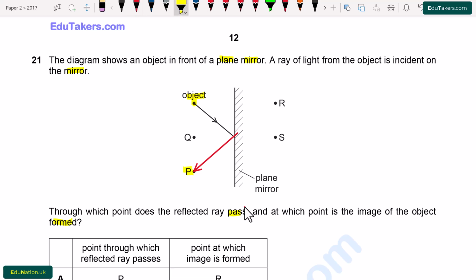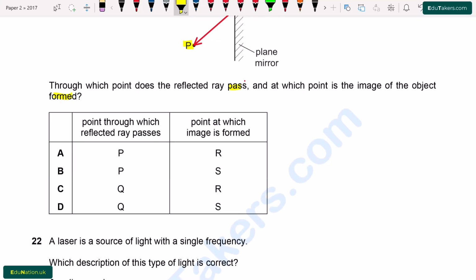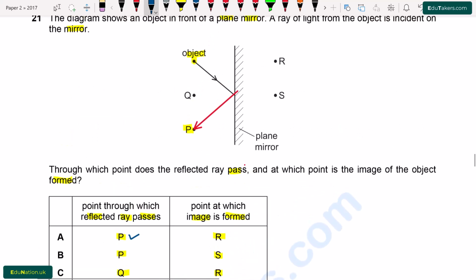First of all, we see the options. Point through which the reflected ray passes. Point at which image is formed. Option A, P and R. B, P and S. C, Q and R. D, Q and S. The point through which the reflected ray passes is the point P. Next, we also have to check where the image is formed.